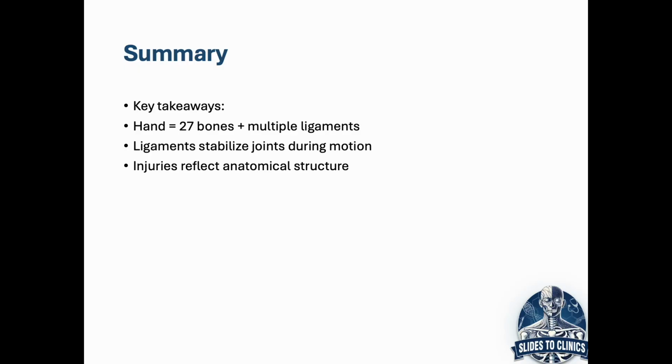Each of these structures has a purpose, from the small little bones to the sturdy ligaments, and when they're injured, they create specific signs for clinicians to look out for.